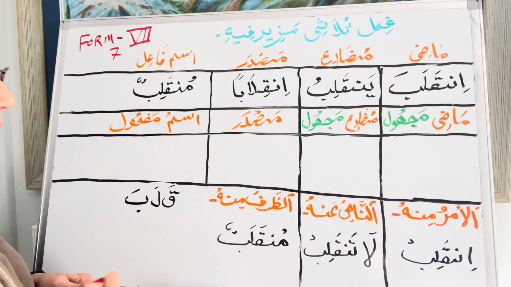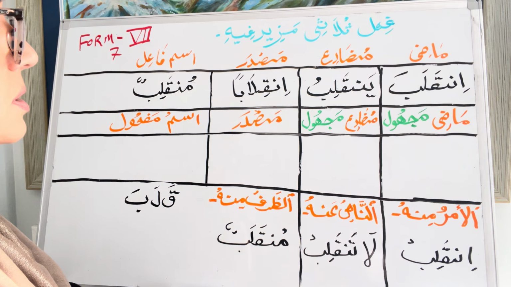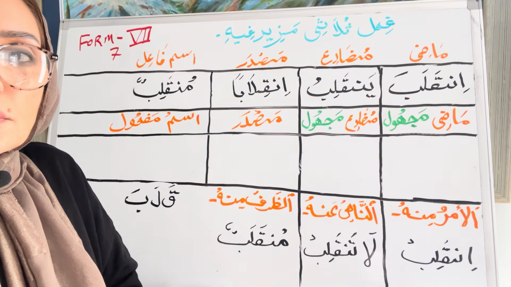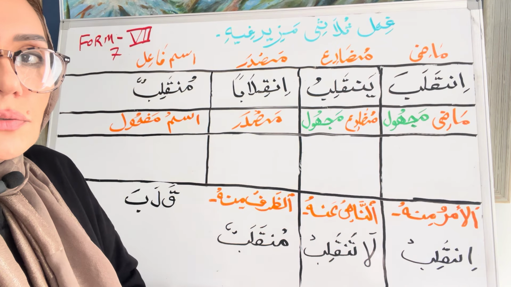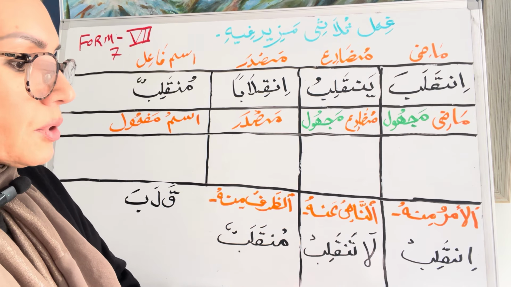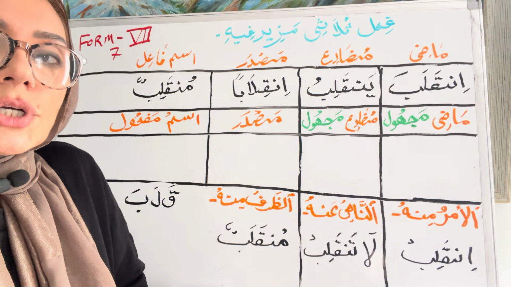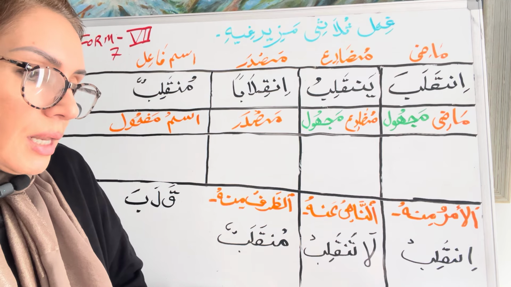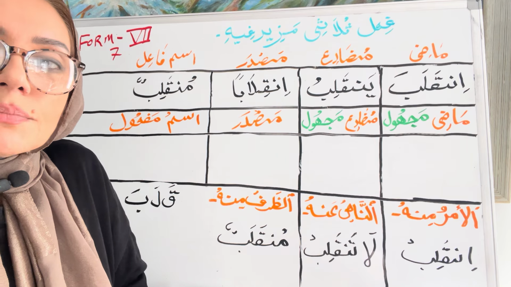Okay. So Form 7 is pretty easy. It's just all of this. We don't have the majhul version to worry about. And we will go ahead and stop here on this video, inshallah, and we will come back with the remaining of it on the next video. Until next time, Assalamu alaikum.